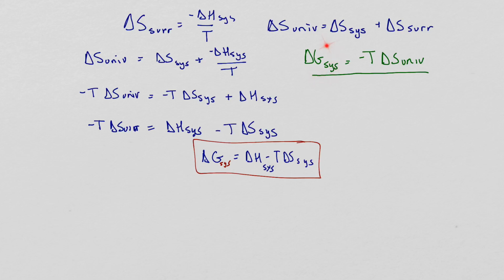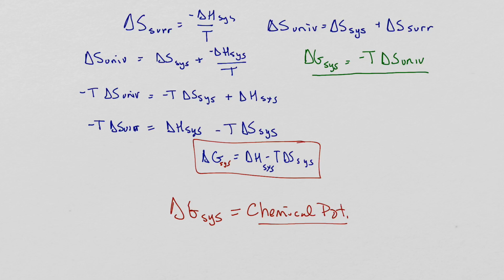So now we have our chemical potential, right? Delta G, this Gibbs free energy, is that chemical potential that we've been looking for, the way that we can describe the spontaneity of a process.